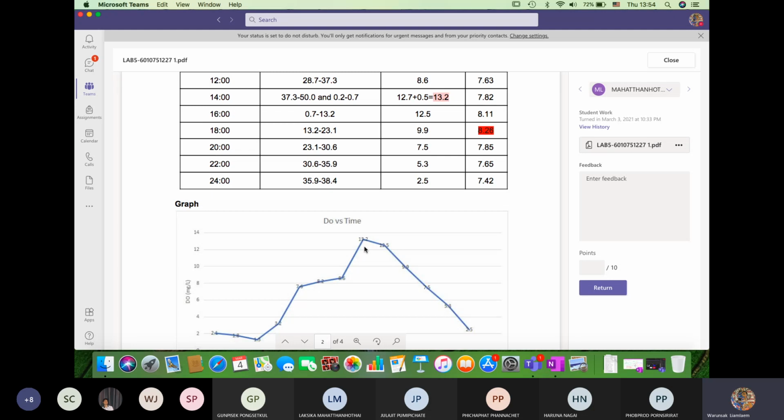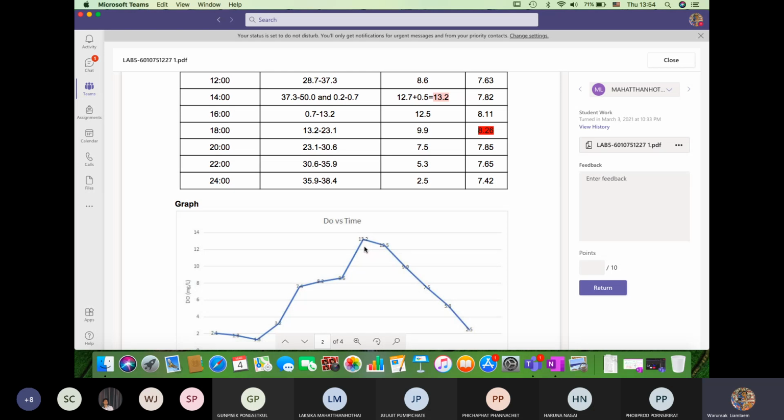Phytoplankton can actually produce a lot of oxygen if they have a lot in the water. So this result indicates this pond is currently in eutrophic conditions. Eutrophic conditions mean there are algal blooms inside that pond.